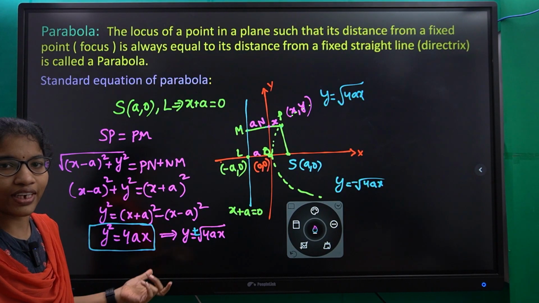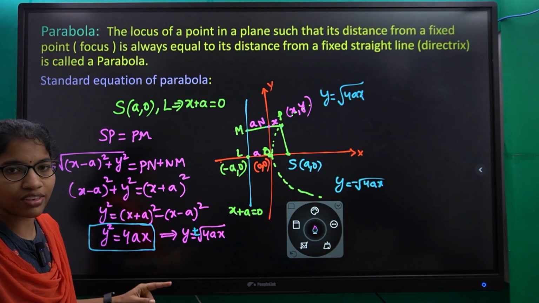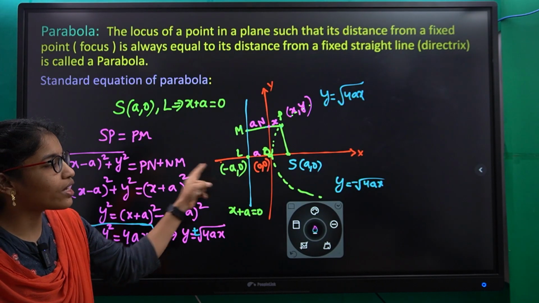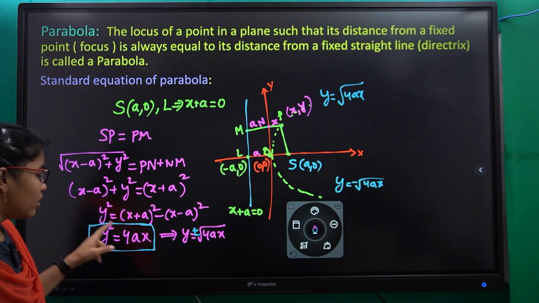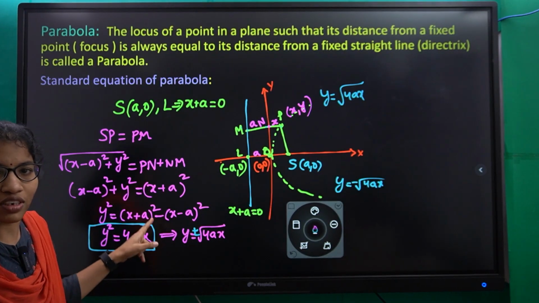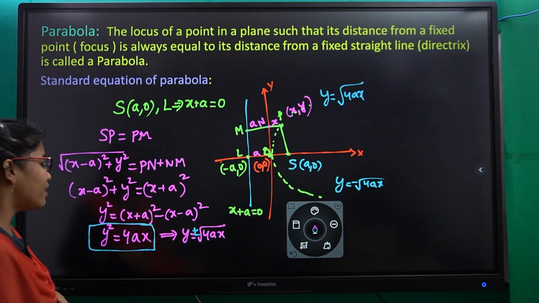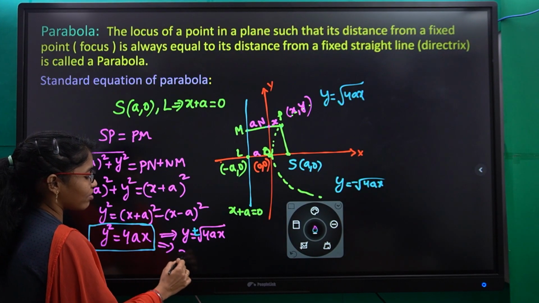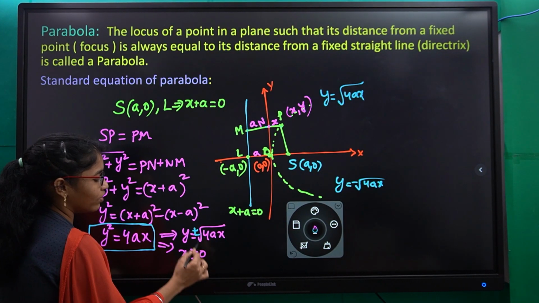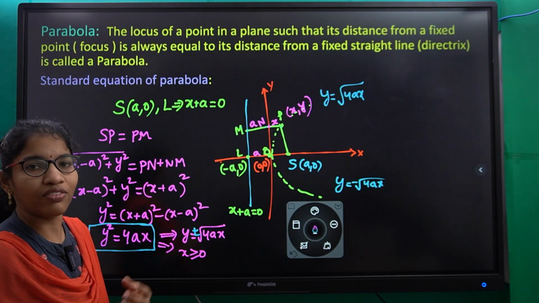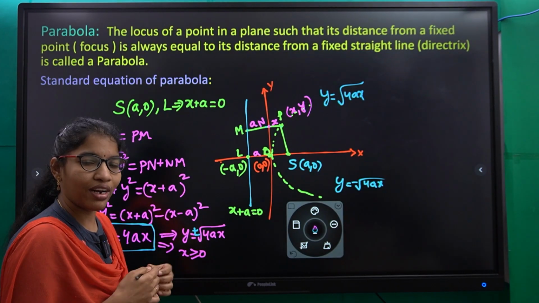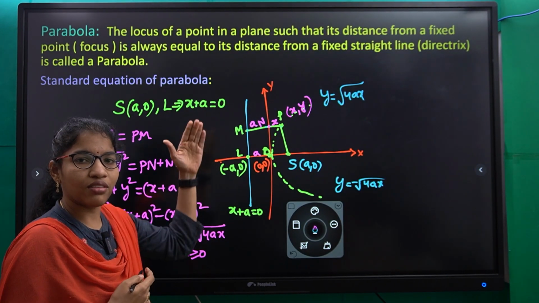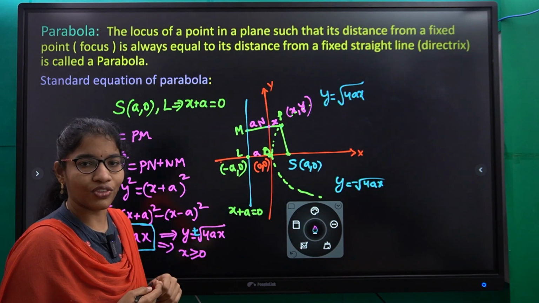One more thing here: y square is always positive. Why? Because it is a square term, right? And here a is positive because we have taken the focus on the positive x-axis. So y square is positive, a is positive. What about x here? From this you can take x as also always positive. So x positive means in which quadrant does the parabola lie? x positive means the first quadrant and the fourth quadrant.